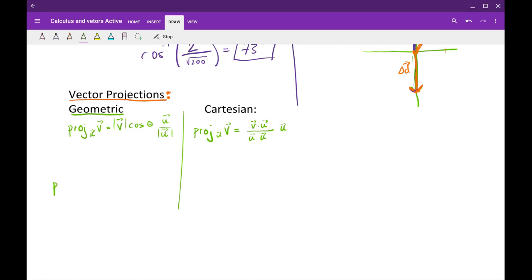Then there's another case: if I want to project V onto U, but I only want the magnitude and I don't want to preserve the direction, then it's simply V magnitude cosine theta.